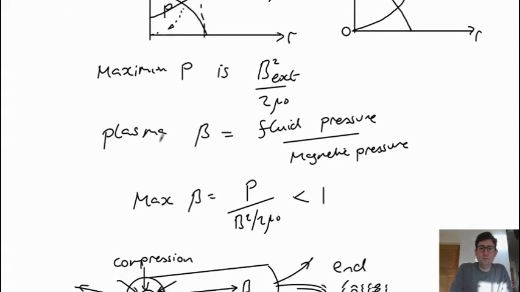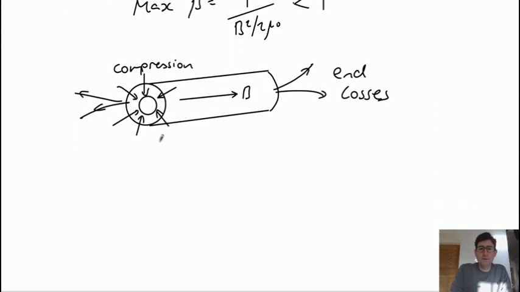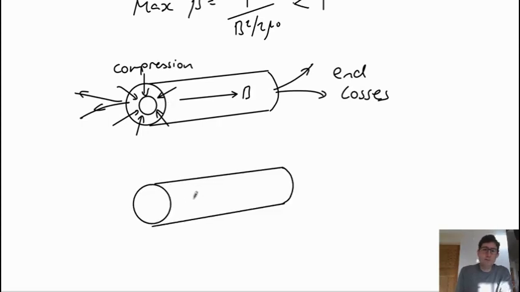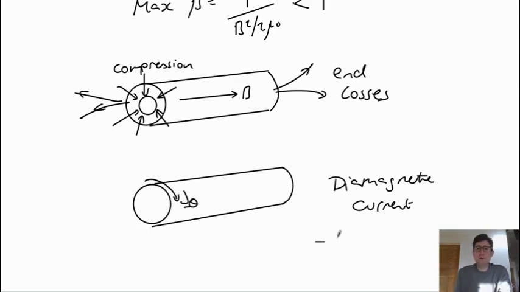So we have this cylinder here, we have field running down this axis, and we have this current J theta running around here. So this is called the diamagnetic current, because it reduces the external field. And so I'll do a talk very shortly on how to drive this and where it comes from.